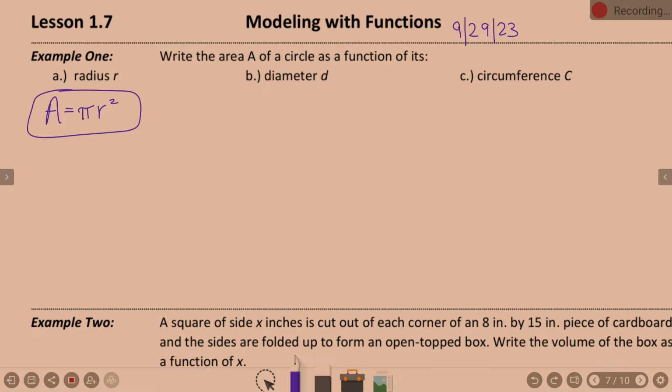What do you know about the connection between diameter and radius? Diameter is the whole distance of the circle. Radius is half of it, yes?